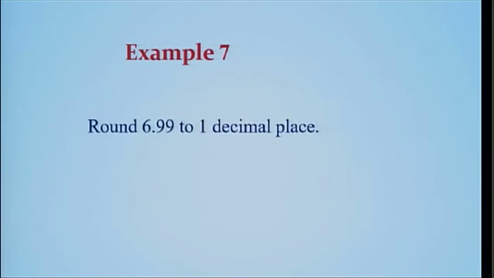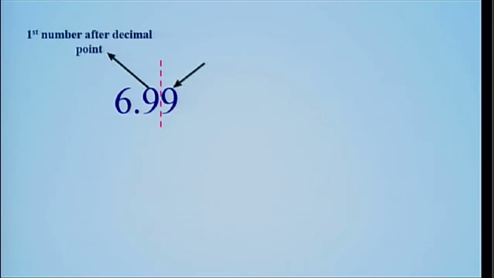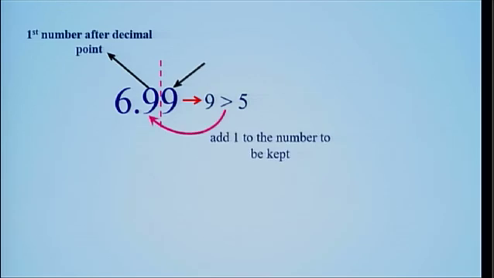Let's have a look at another example. We are going to write now 6.99 to 1 decimal place. We are going to keep only 1 unit after the decimal point, so we analyze the number which is immediately after the required one. 9 is greater than 5, so we are going to add 1. 9 plus 1 is equal to 10.